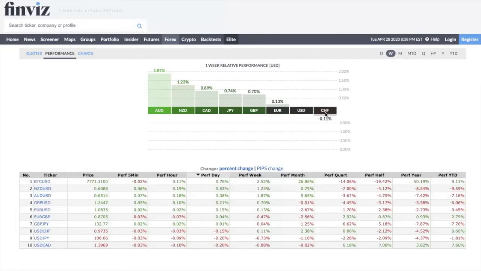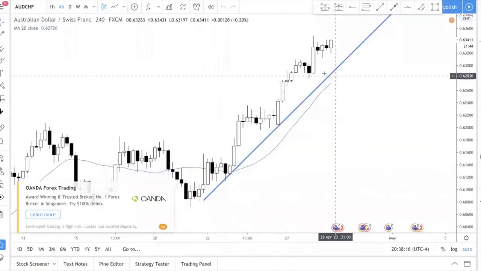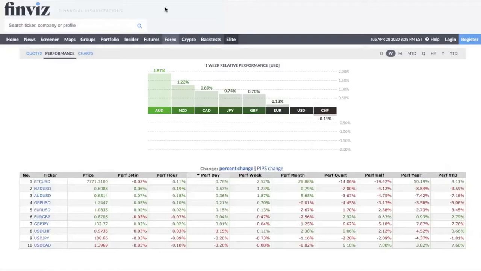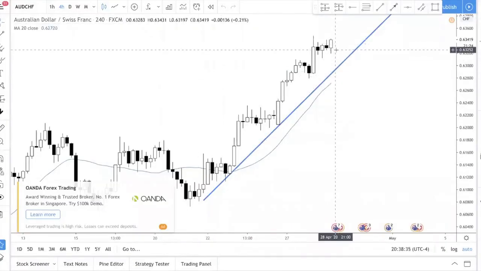You must understand that this is just a reference. Do not just take Aussie and franc and say, oh, Aussie is the strongest, franc is the weakest, and then come to the chart over here and just press the buy button. This is not how you use it. You want to use this to plan, to tell you which currency pair to focus on, which currency pair you want to analyze, go deeper in, and look for opportunities in.